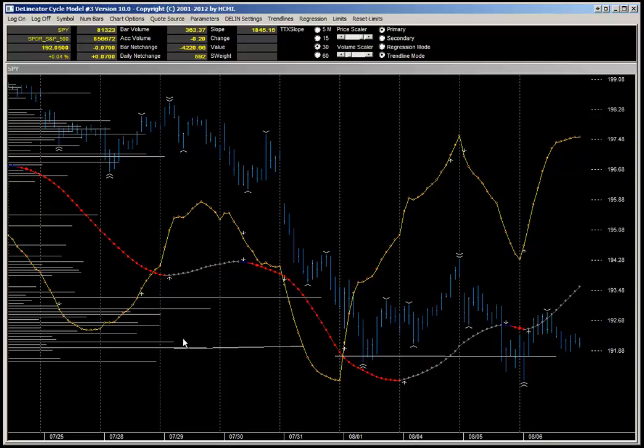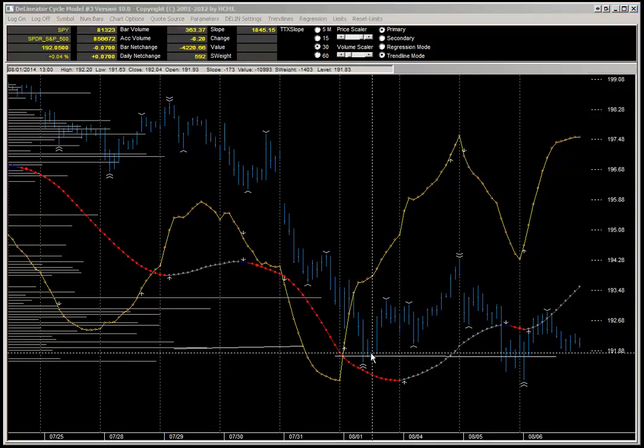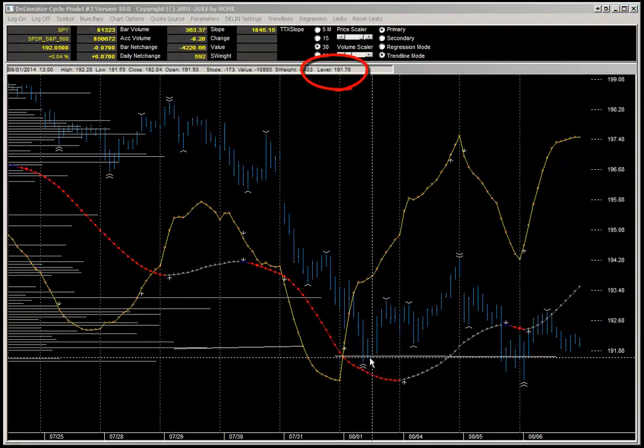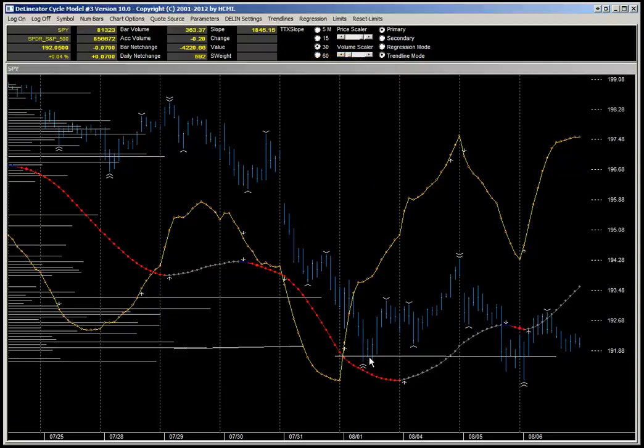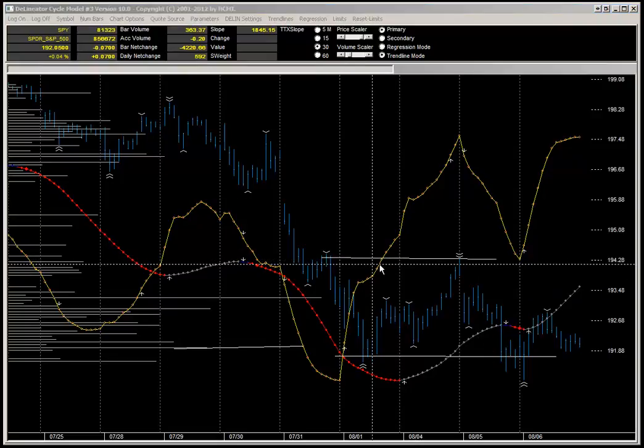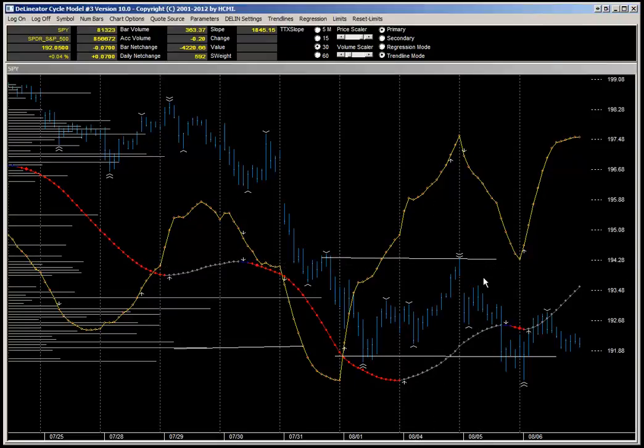We have a lot of volume at that point as well. So in this level here, which is about 191, here's 192, and this level down here is 191.70. Where you get these chevrons, those are the ranges and the support and resistance. Here's another one. We use at least the middle range of that last bar.